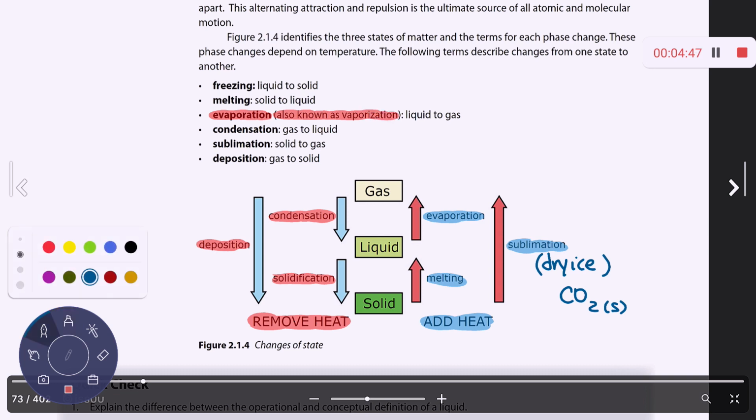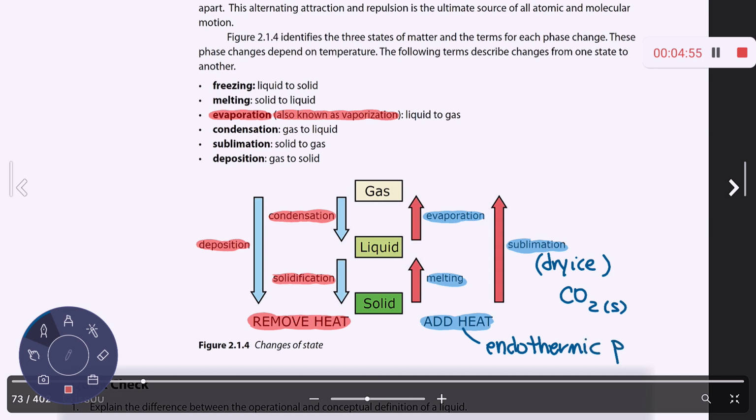I would also know that the right-hand side of this figure, anytime you're adding heat, that means these are endothermic processes. And then on the left side of this figure, removing heat, so heat would be leaving. These would be exothermic processes.